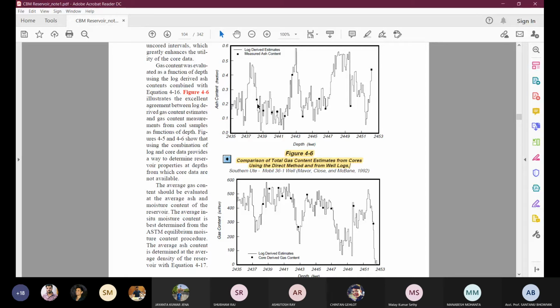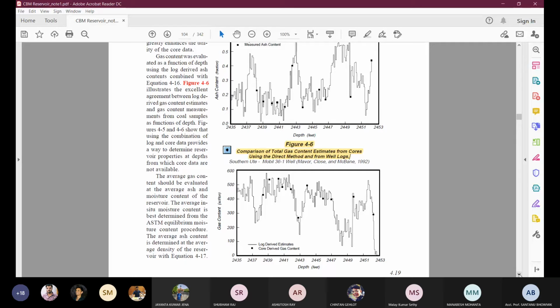You can see here that within 15 or 18 meters of depth, how much it is going to vary. Corresponding to the ash content, if the ash content is very low, you will get very high gas content. So for these values where you get very low ash content, at this depth you are going to get very high gas content.